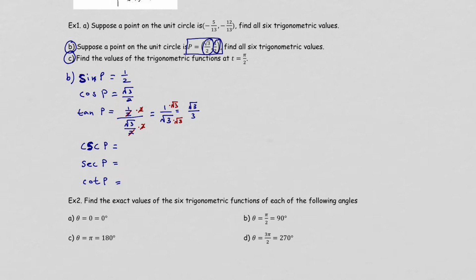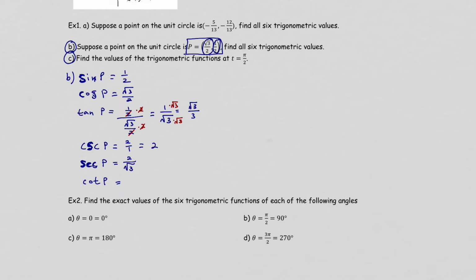So it will be 2 over 1, which is 2. Secant is going to be SEC, where C and S are flipped from cosine, right? So that will be flipping cosine, which gives you 2 over square root of 3.